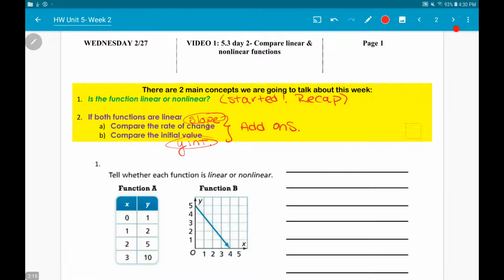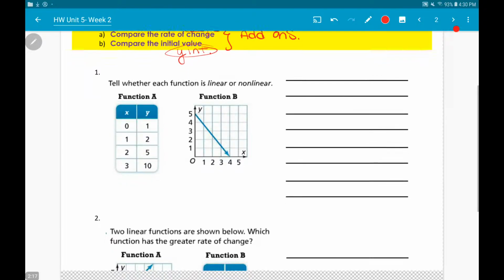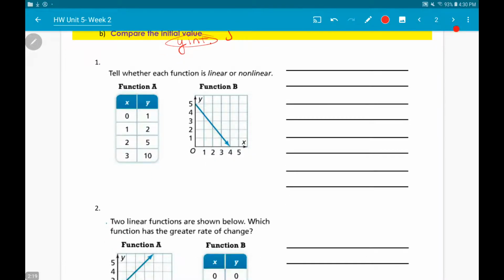All right, so to tell whether a function is linear or nonlinear, we need to see, one, linear functions, they are straight, and they have a constant rate of change, and that means it adds or subtracts by the same number. So that's what we're checking for.